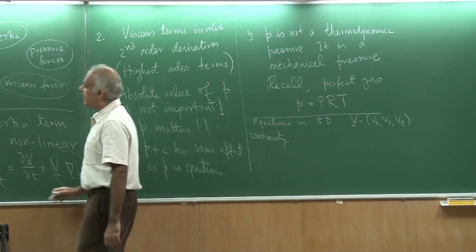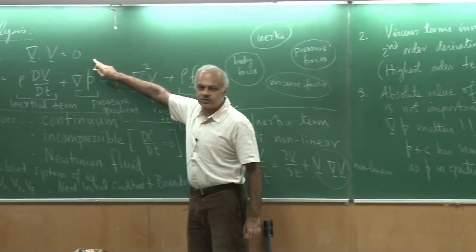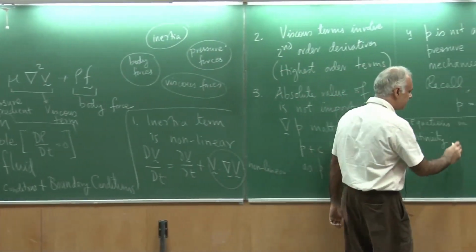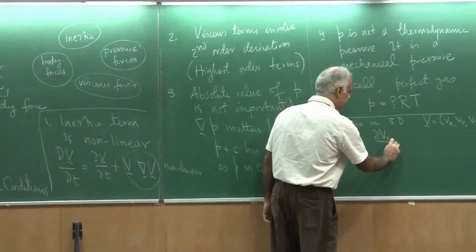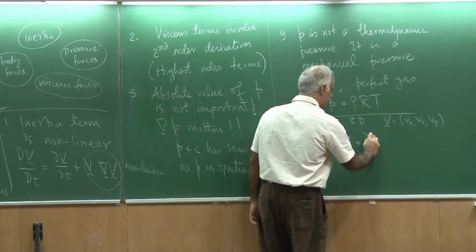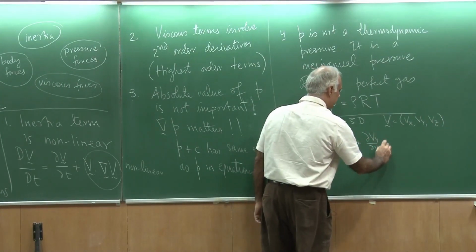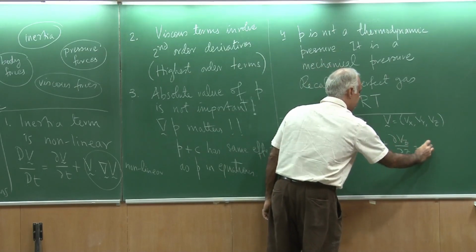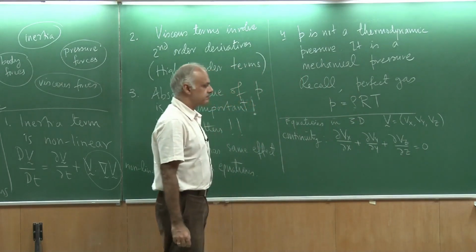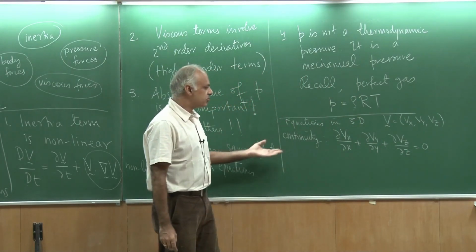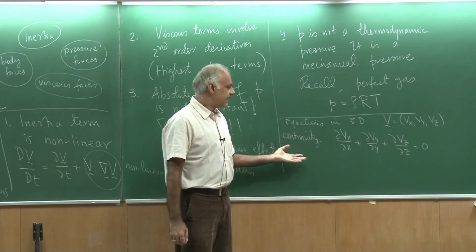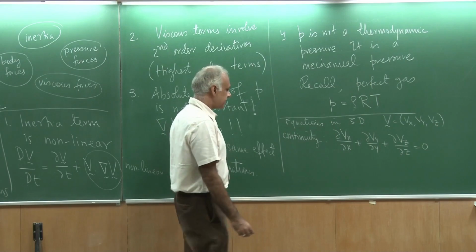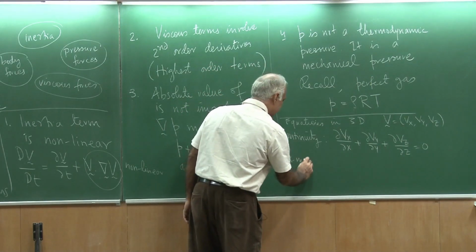So that's the divergence of V equal to 0, and I can now expand this, and that equation becomes del Vx by del x plus del Vy by del y plus del Vz by del z equal to 0. Okay, I am first doing this in Cartesian coordinates, and then I will show you how these equations look in cylindrical coordinates. How about the x momentum equation?